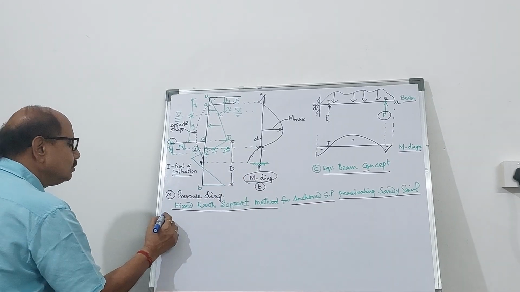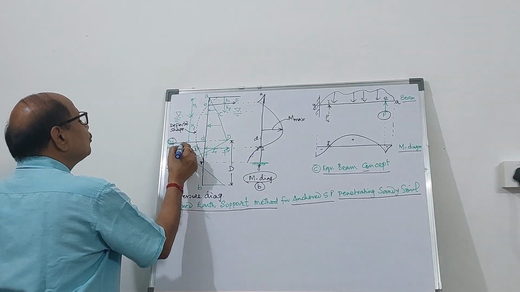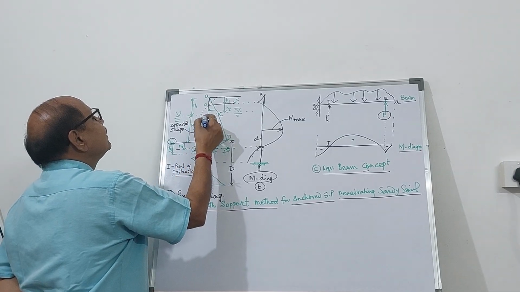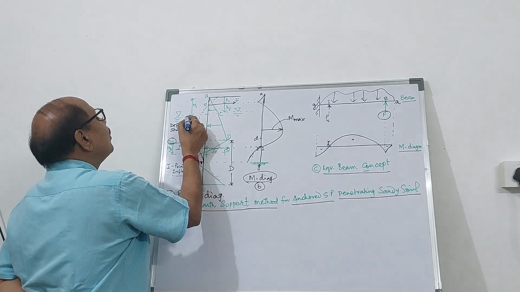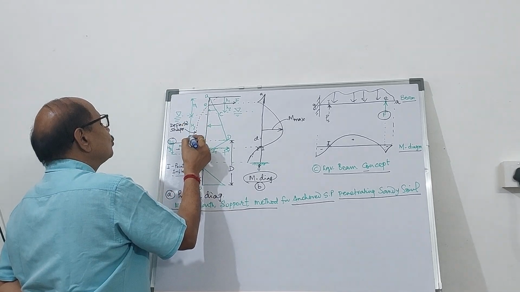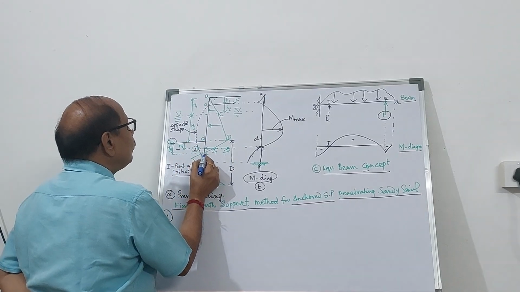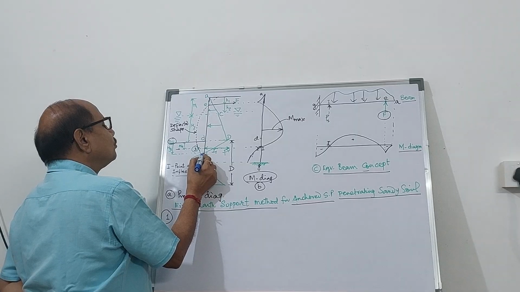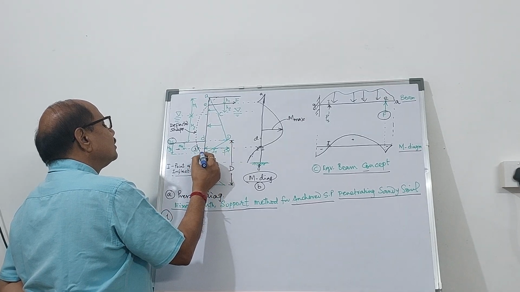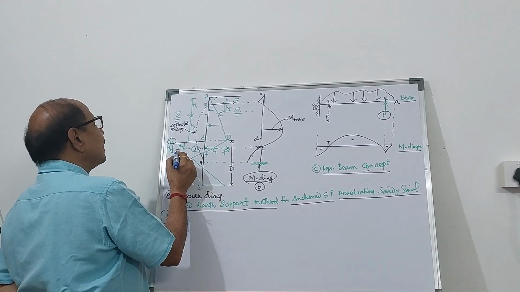So, step one is to find out this height H4. Here you can see that from the top up to the water level, it is H1, and then it is H2, and up to this point the pressure is going to be zero, and then it comes to this side, and then it becomes like this.